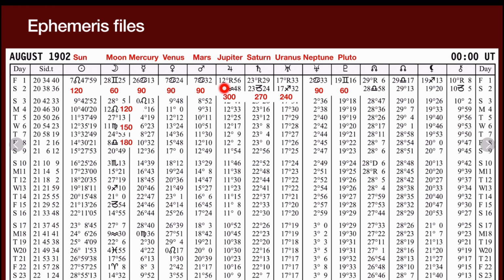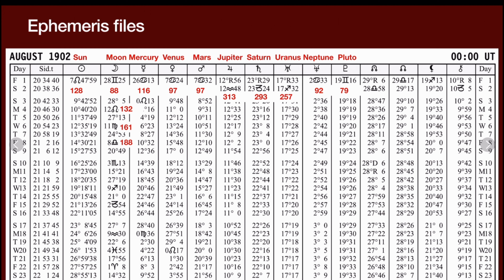So you need to add 12 degrees 56 minutes, or let's call it 13 degrees, to 300. Now these are the actual degrees that the planets are on the first day of August 1902.